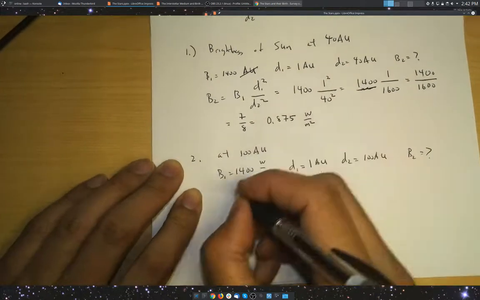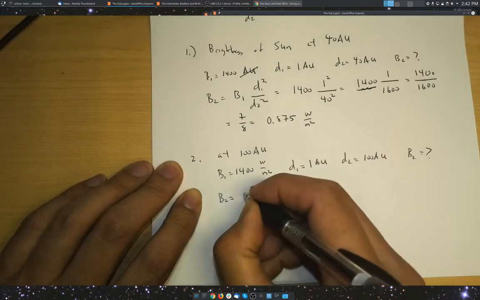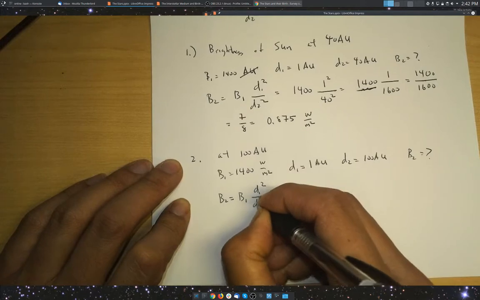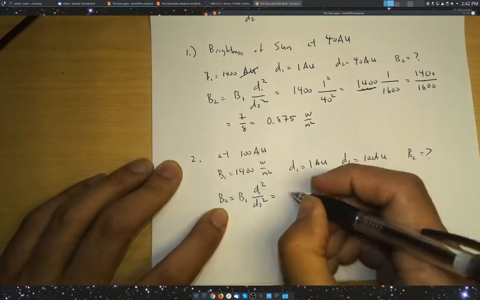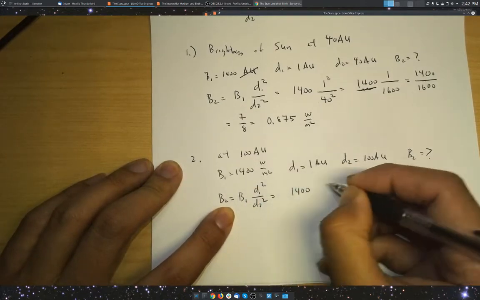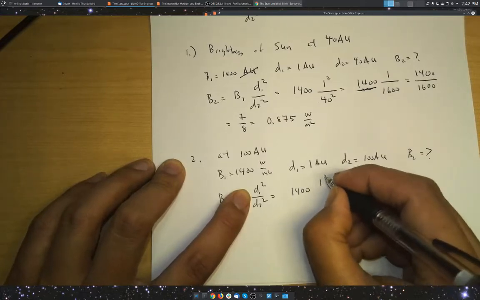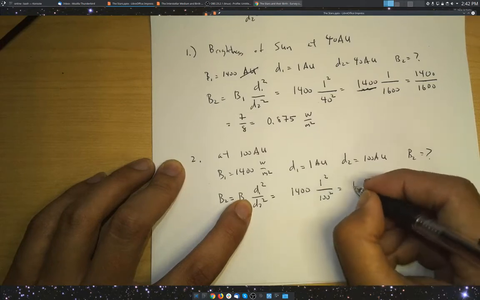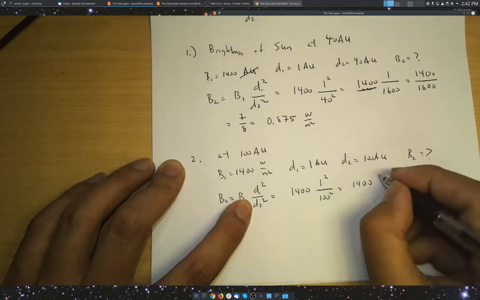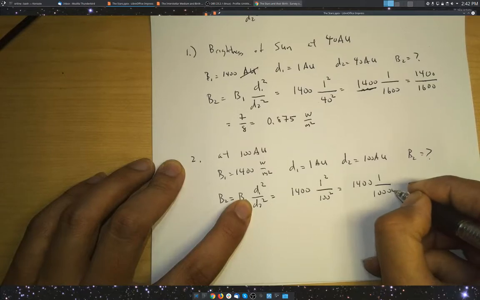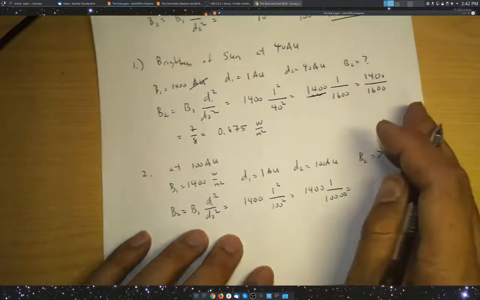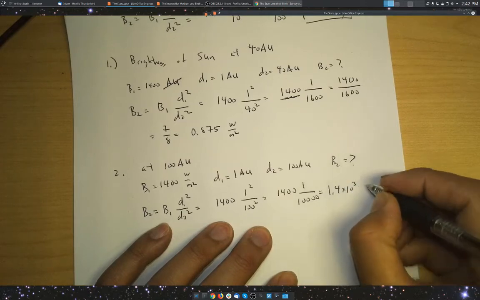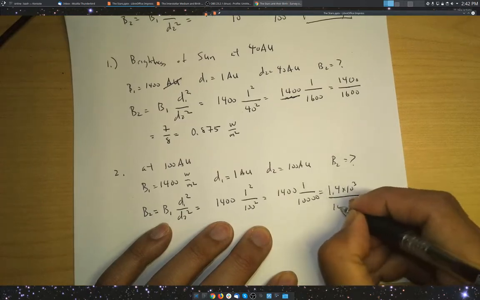Okay, so let's write the equation down again. B2 equals B1 D1 squared over D2 squared. Okay, let's plug everything in. So this is 1400. This one is 1 squared divided by 100 squared, so this is a 1 over 10,000, right? Okay, let's go to scientific notation. 1.4 times 10 to the 3 divided by 10 to the 4.